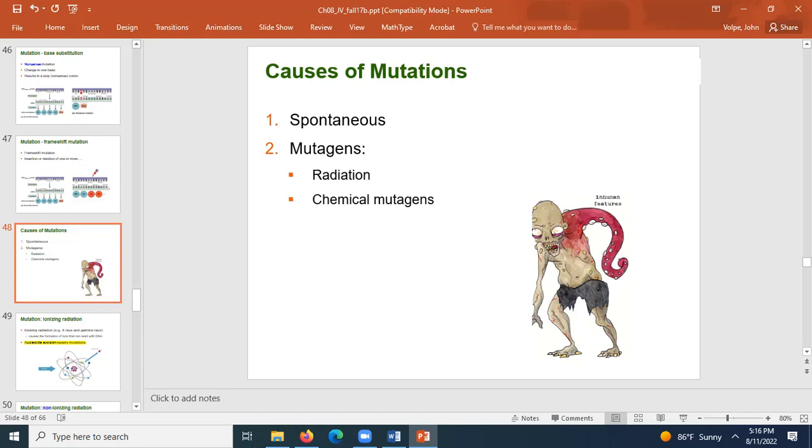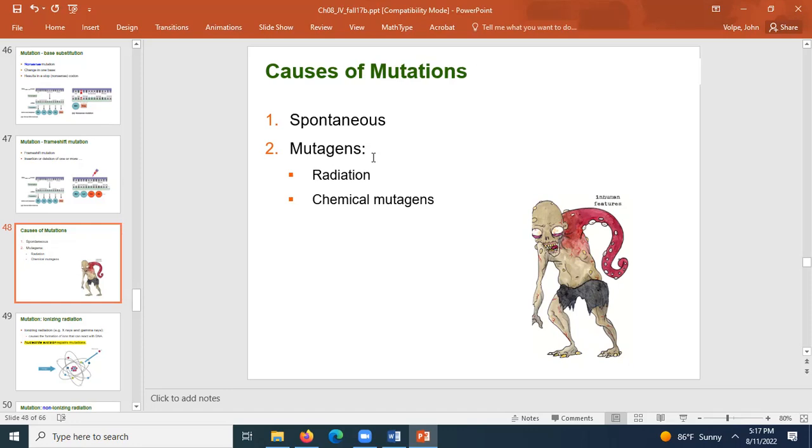All right, let's talk about the causes of mutation. We did mention that mutation can be spontaneous, where when the DNA is simply replicating itself, it makes a mistake. It doesn't happen very often. We'll talk a little bit about the frequency.